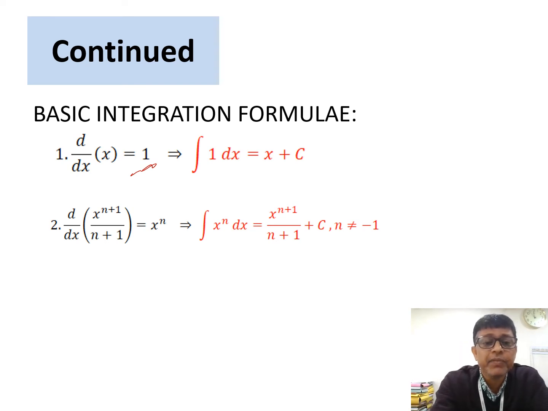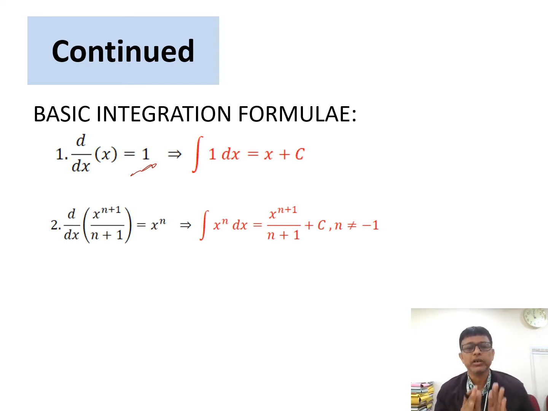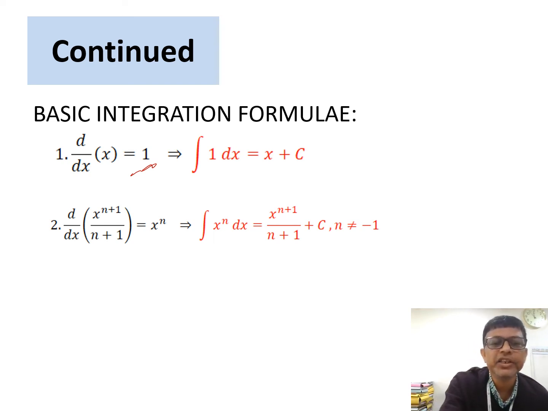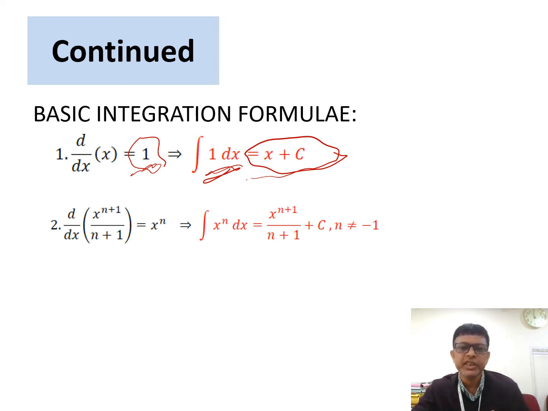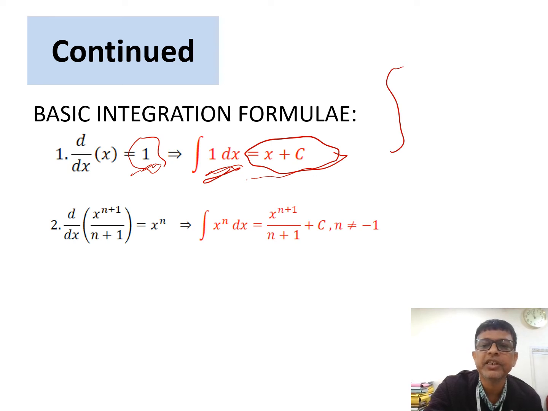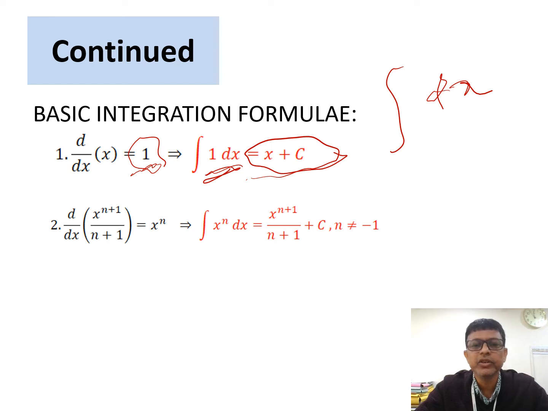So if the derivative of x is 1, by using the inverse process of differentiation, that is integration, if you take the integration of the right hand side, 1 into dx, then it is x plus c. 1 integration is x, and here dx. So we can say either the integration of 1 into dx, or the integration of 1, or simply the integration of dx, is x plus c.